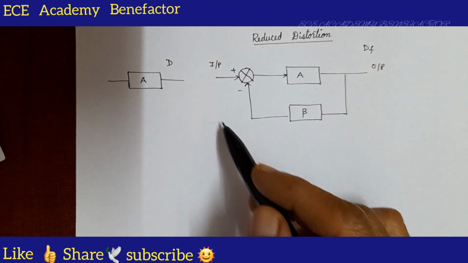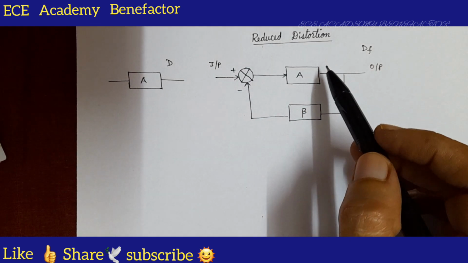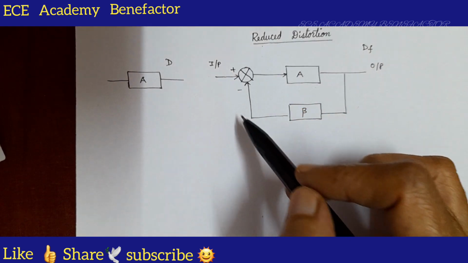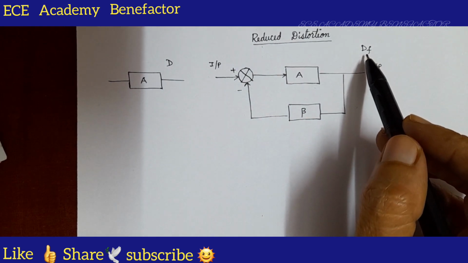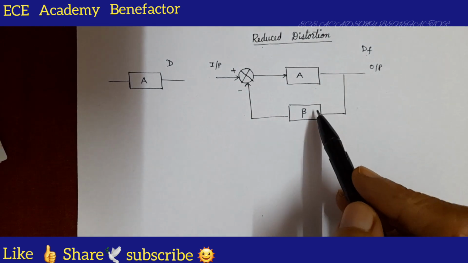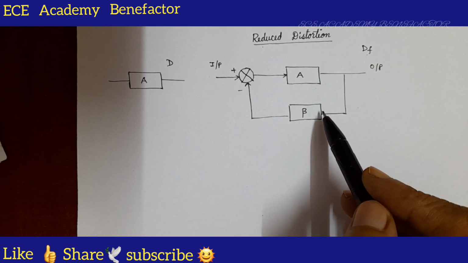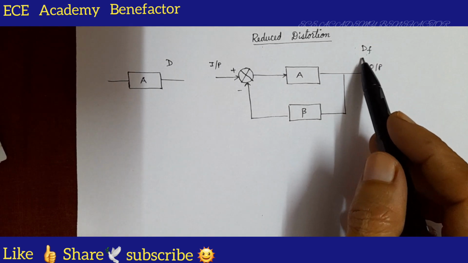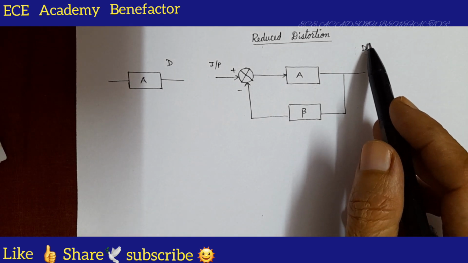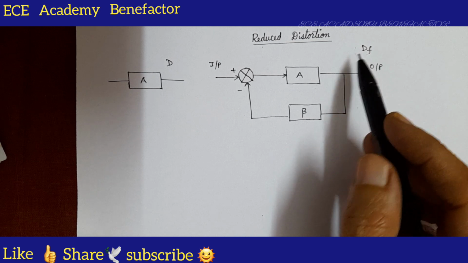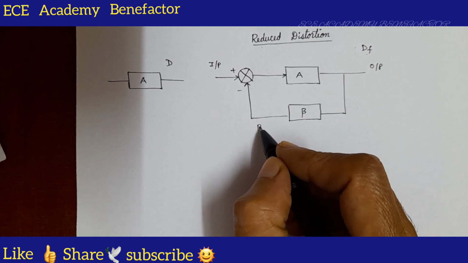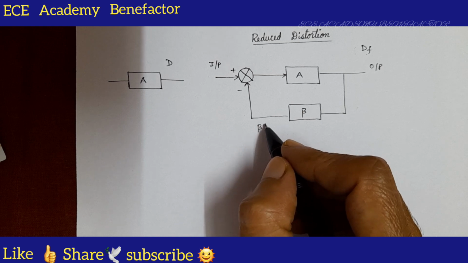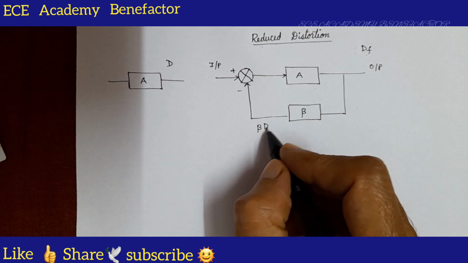This is a negative feedback amplifier. Let us assume the distortion produced by this circuit is Df. So due to negative feedback, what is this feedback network going to do? It will take a part of output. Let us say this is the distorted output. So it will take a part of distorted output, beta times Df.